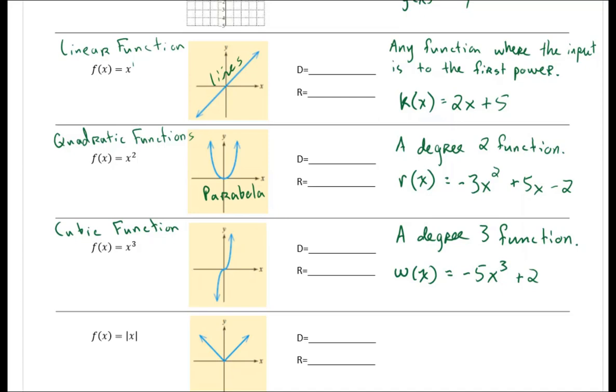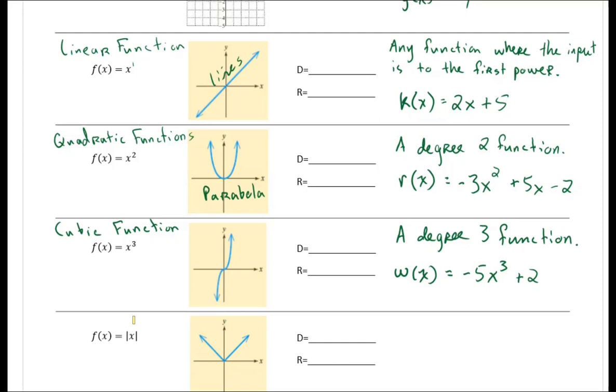Alright, so moving on, the next one here, these little straight up and down bars are absolute value bars. We haven't looked at them much in this course, but just to remind you, they take any value that's inside of them and give back its absolute value, which is its positive value. It's not concerned about whether it's positive or negative, just the strength of the number, so to speak.